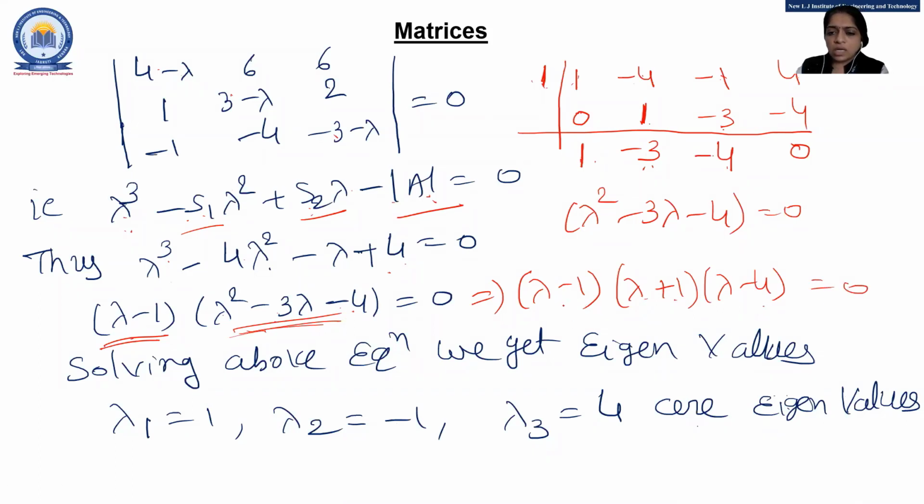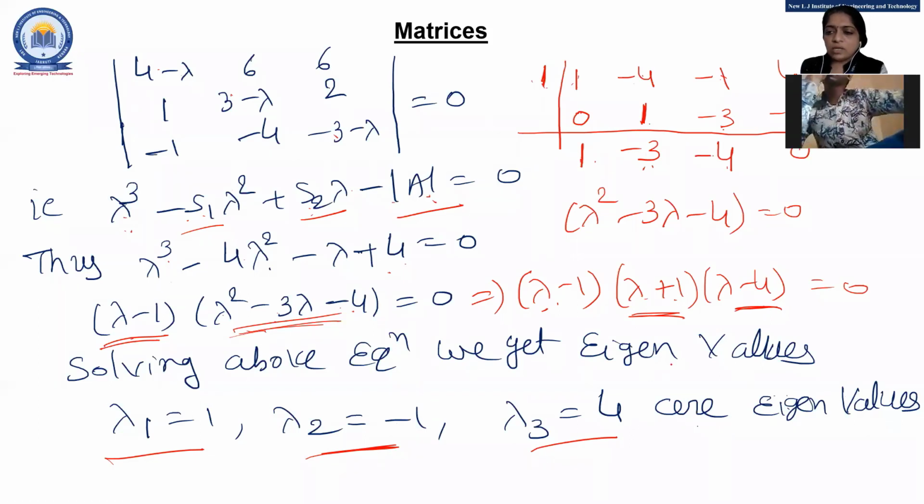So there are a total of 3 values: lambda equal to 1, lambda equal to -1 and lambda equal to 4. It means we have 3 eigenvalues: 1, -1 and 4.